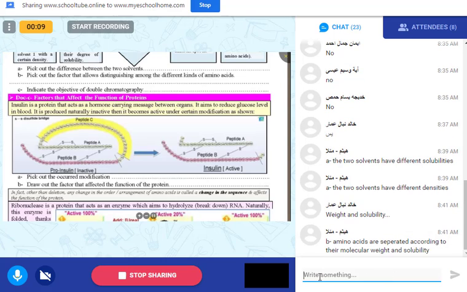Very good, Khaled. Weight and solubility. Excellent. Bravo. So, according to their weight and their solubility.